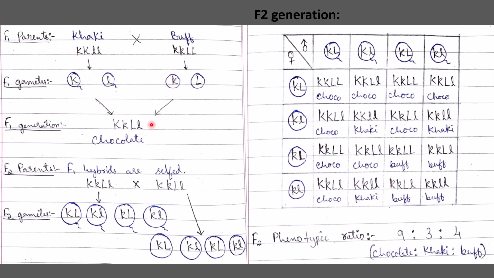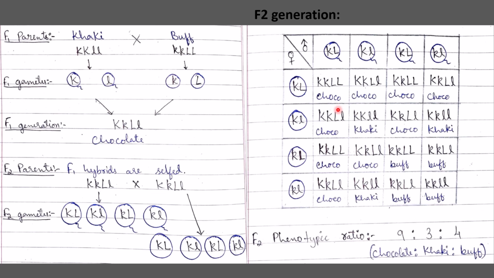And these F1 hybrids are treated as F2 parents, and then the gametes are formed here. All the genes are segregating and independently assorting into different gametes, and these possible gametes are taken in the checkerboard on both the sides, and then the genetic constitution of the F2 progenies is filled in here.